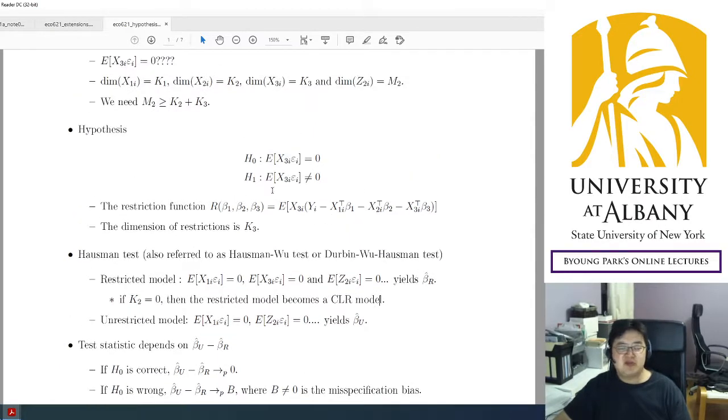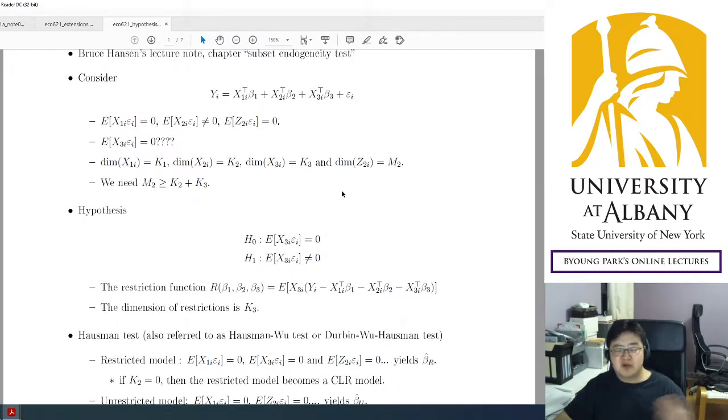Think about the restricted model first. If you believe in this hypothesis, then the problem is simple. You only have endogenous variables in x2, so use the instruments only for x2. Instruments are needed only for x2, and x1, x3, no problems.